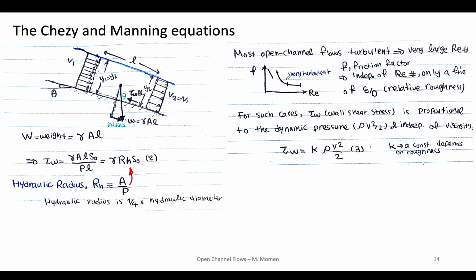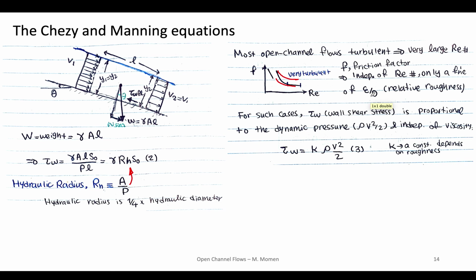And if you remember, for all these cases that we had, for very large Reynolds number, most of them became kind of flat, right? They were not a function of Reynolds number for very large Reynolds number, and they were only a function of relative roughness length, which is epsilon over d, right?